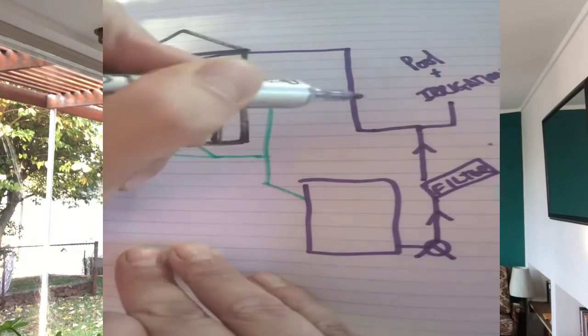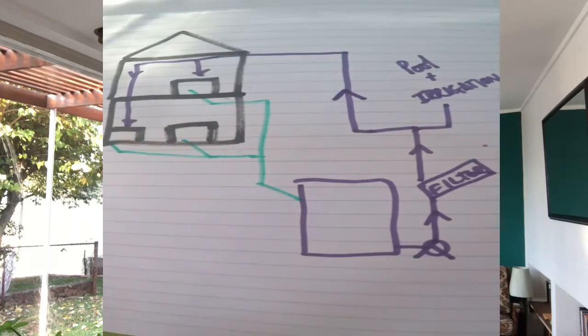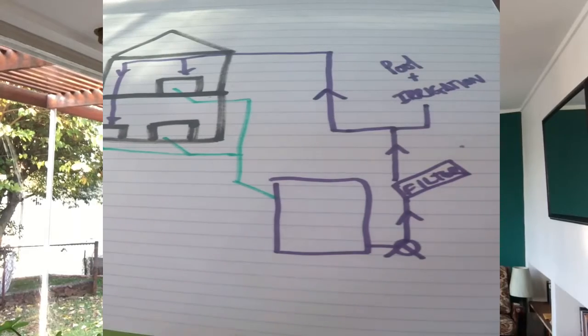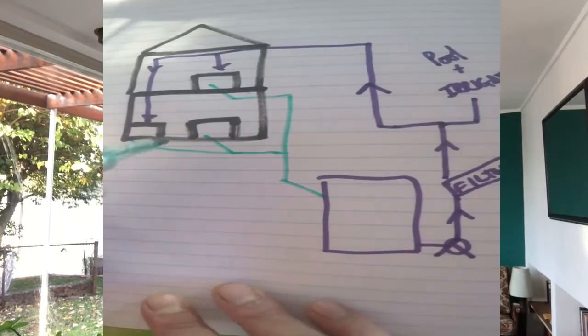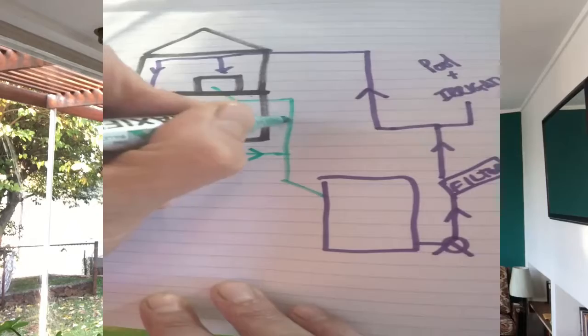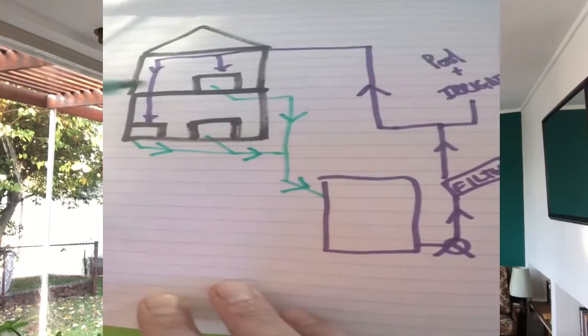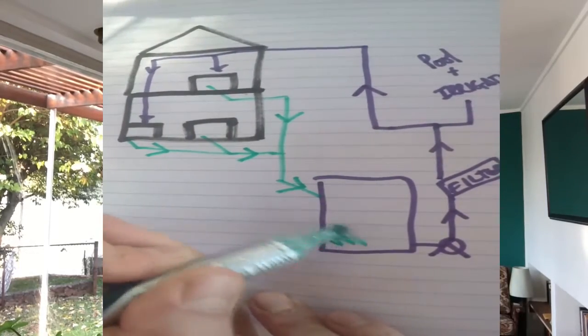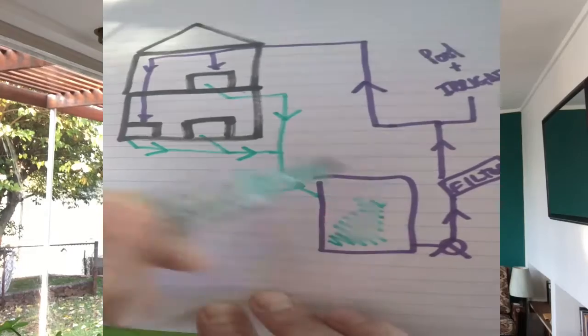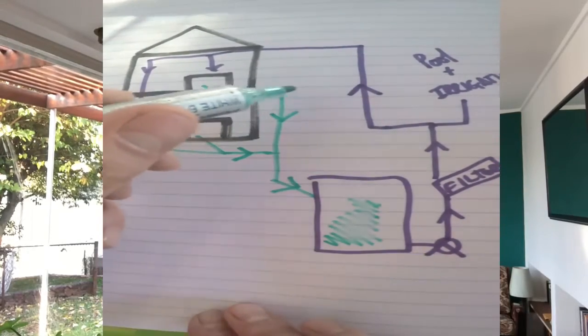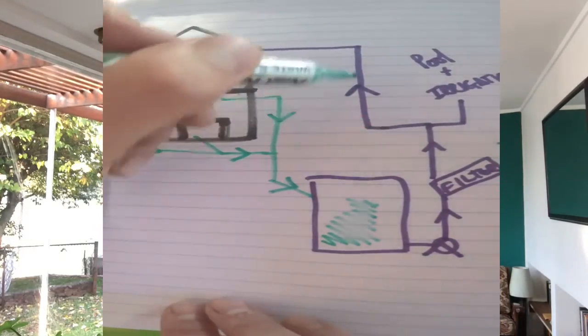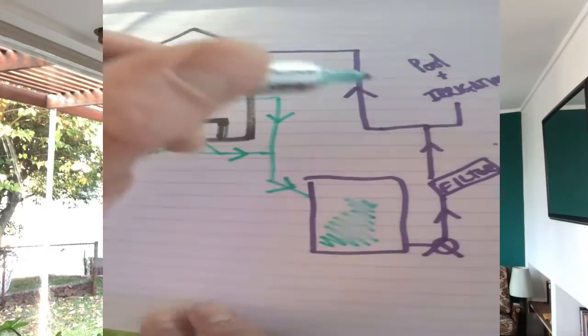So we are taking this water that gets flushed down into a tank, collects here, and then gets filtered and comes back into the house or is sent to the irrigation system. That is a simple way to reuse water and to save water.